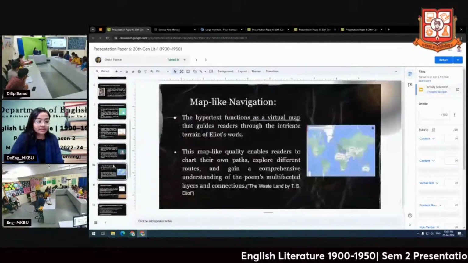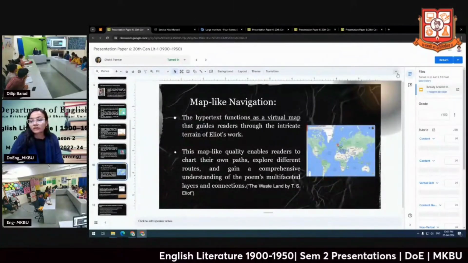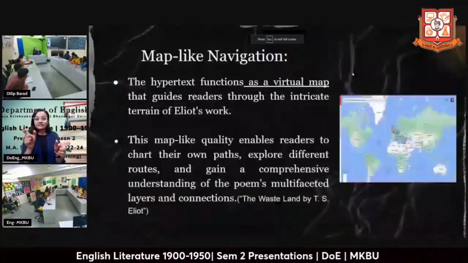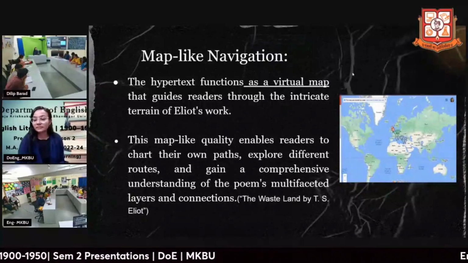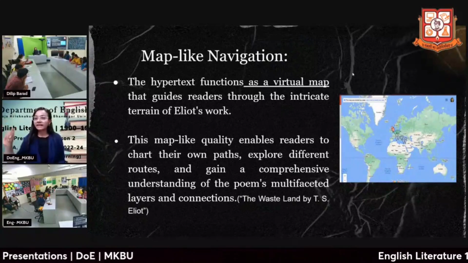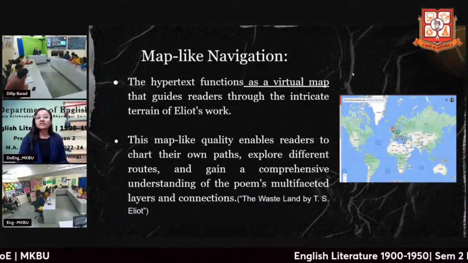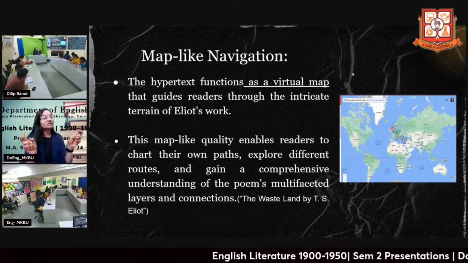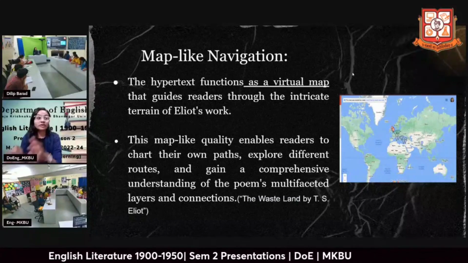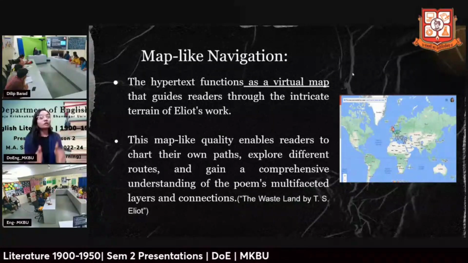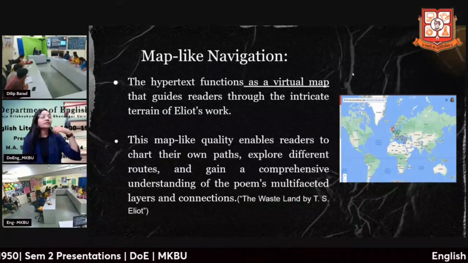With this map-like navigation, they also provide the lines which are in The Waste Land and the location. In this image, you can find that whatever the highlighted location is, there is an emergence of lines for it, and you can go to that place. So it makes clear to the reader what places are used in the poem The Waste Land.